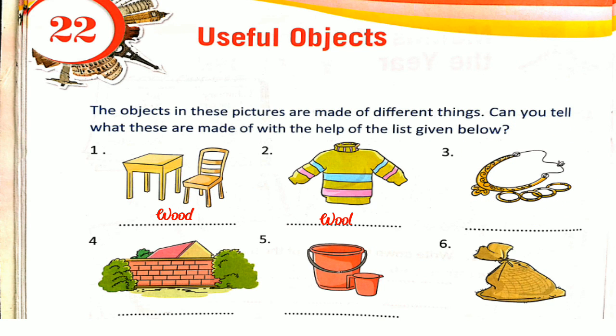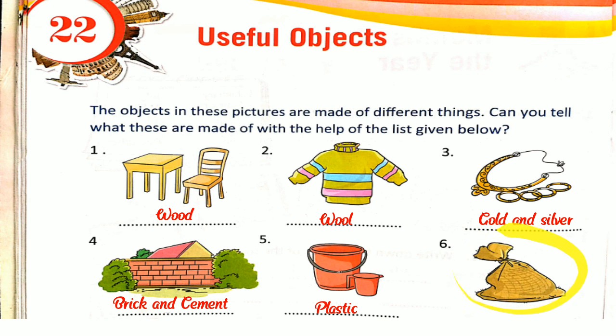Jewelries are made of gold and silver. Yes. House. House is made with brick and cement. Yes. What is this? Yes, tub. It's made of plastic.